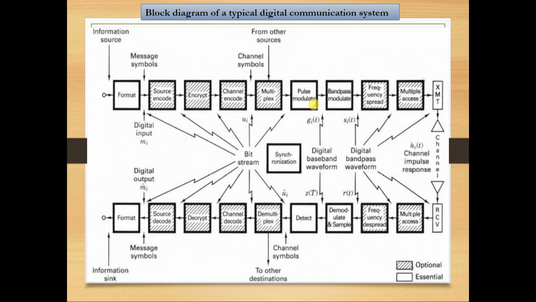Now you embedded your information that you have in the baseband, which is represented by the electrical signal, into a high carrier frequency sinusoidal signal that can convey the sequence of information that was encoded in the electrical signal here.